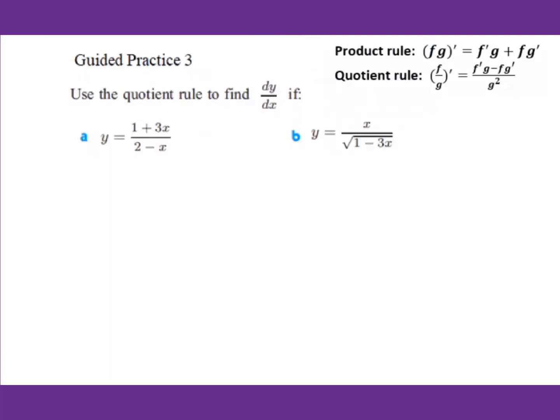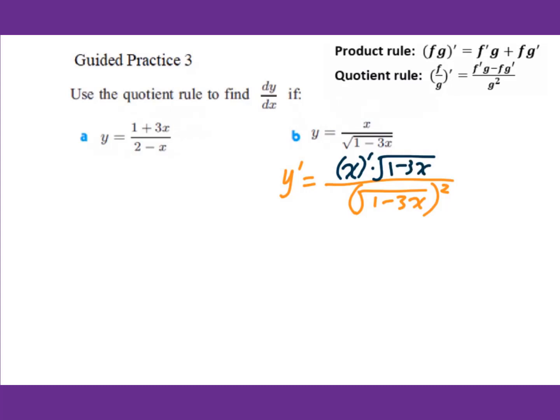Now let's go to b. For b, we know the derivative for y equals x over square root of 1 minus 3x, using the quotient rule. Remember this formula. Then you subtract the derivative of the denominator times the numerator.